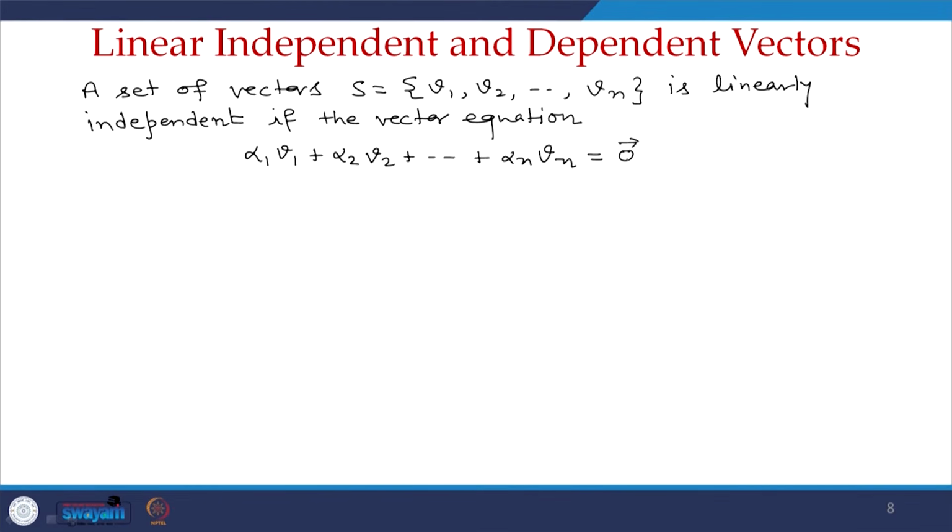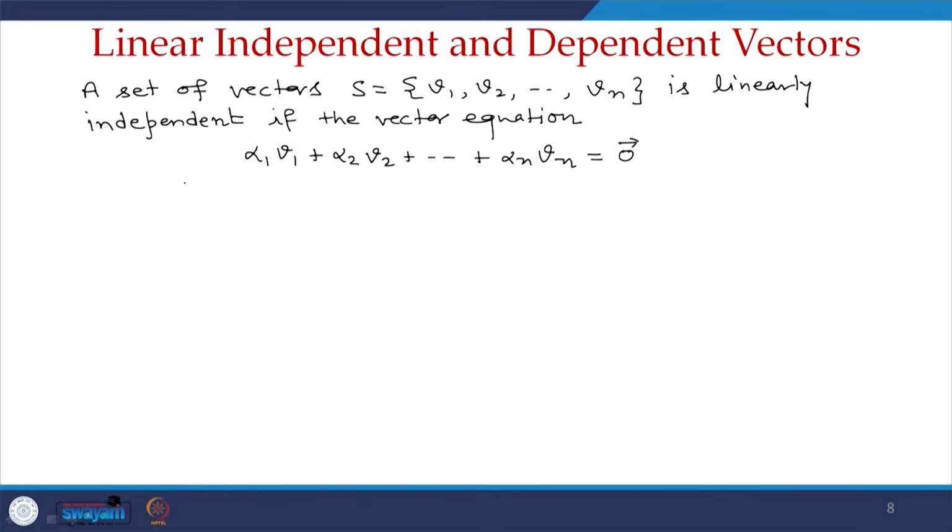Here the 0 on the right hand side is a 0 vector of the same dimension as v1, v2, or vn.